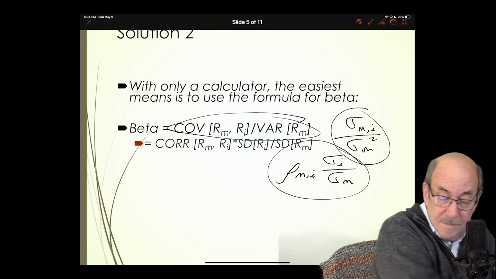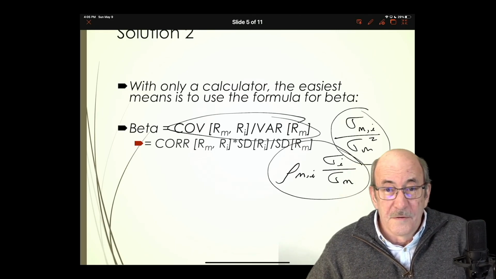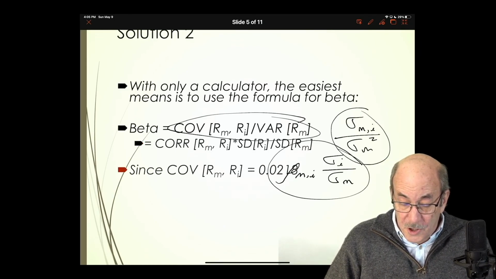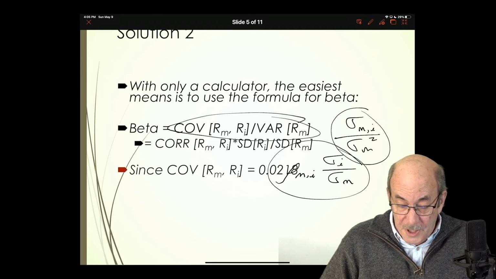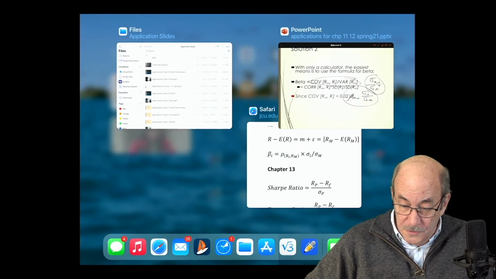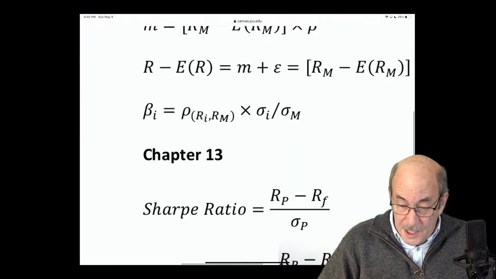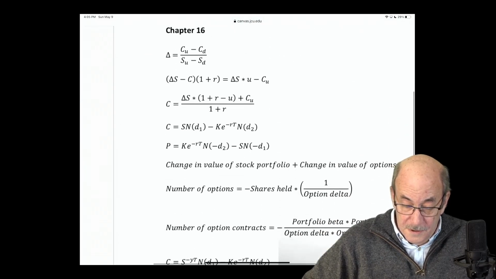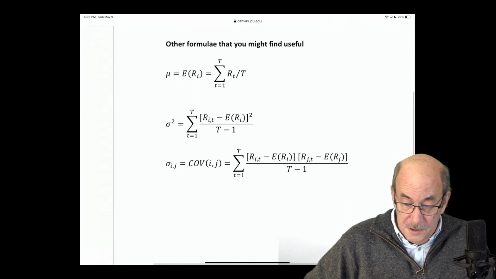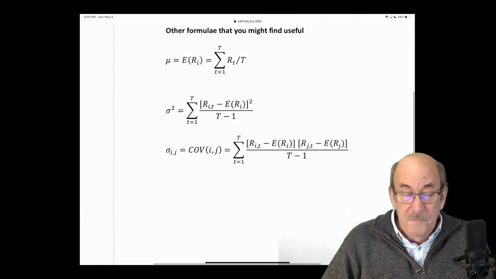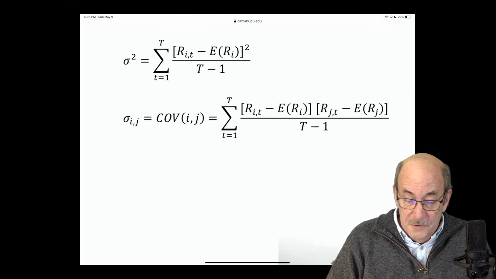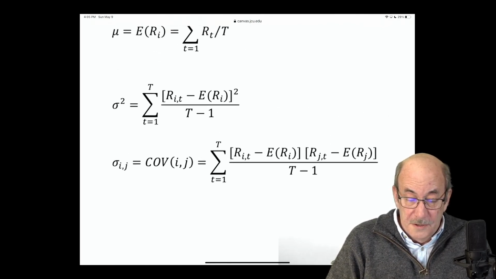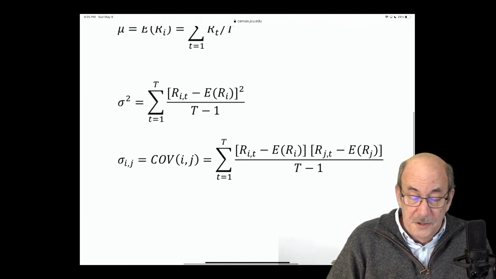And then, in terms of actually calculating it, covariance of R sub m, R sub I, I think I've got that in other formulas at the end of the formula sheet. Right here, you would use this to get your covariance, and you could use this right up here to get your variance.